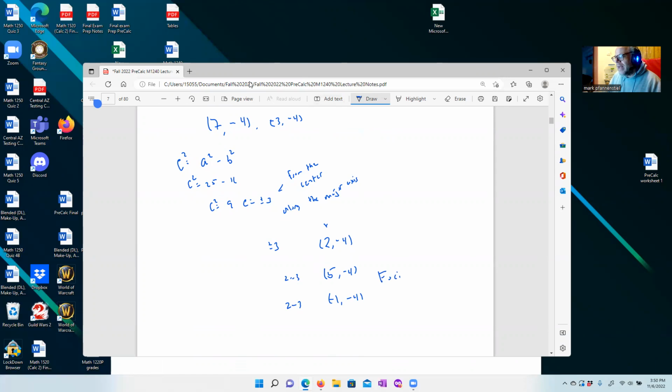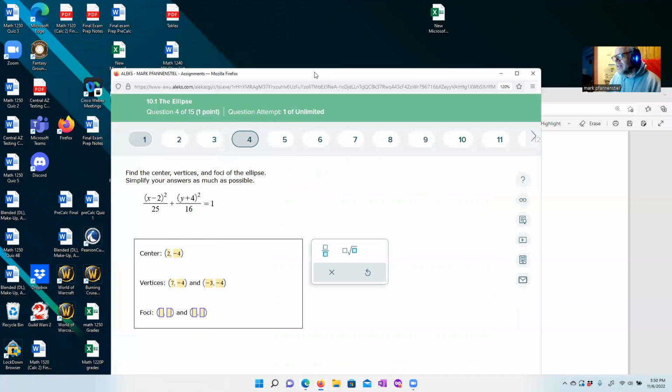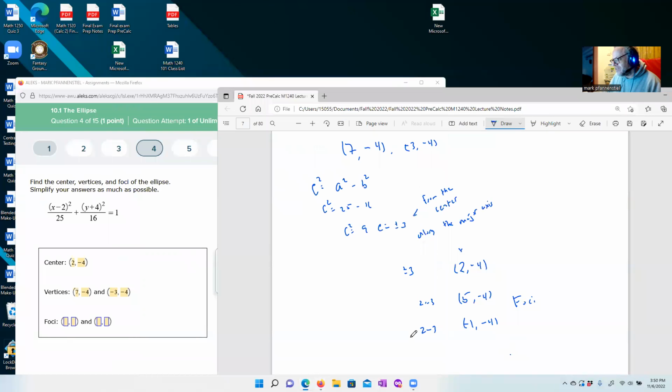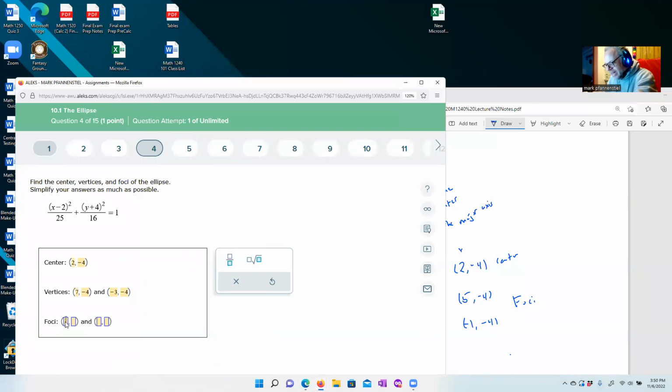All right, and we'll go ahead and type those in. It's not the worst thing that you've had to do. You've had to do harder things, but it is a lot to keep track of. So already we have the center, and foci: 5, negative 4, and it doesn't matter which order you write these in.